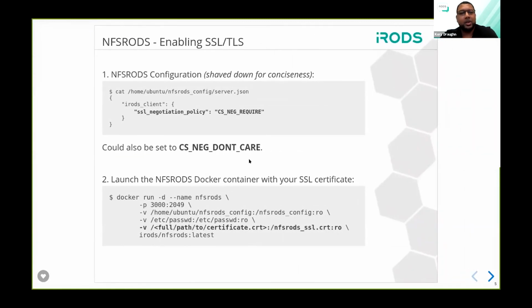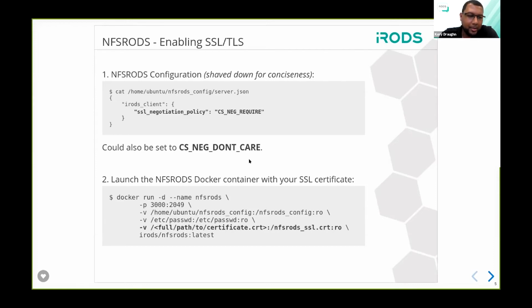Okay, so now we want to talk about some of the new features that were added, such as SSL. This slide is about how you go about enabling that support. Step one, we set the level of SSL negotiation policy for the client within NFSRODS.